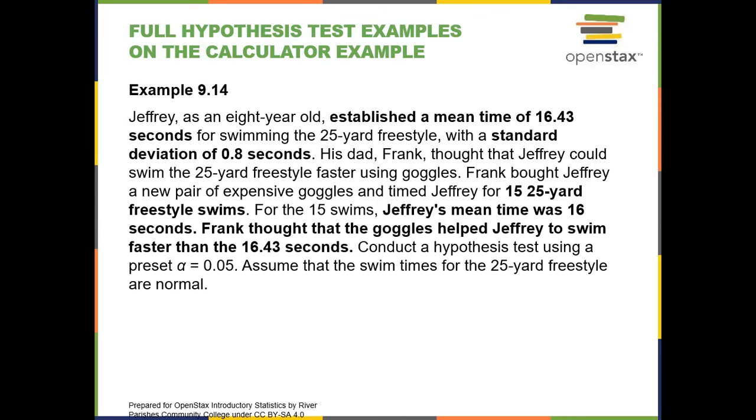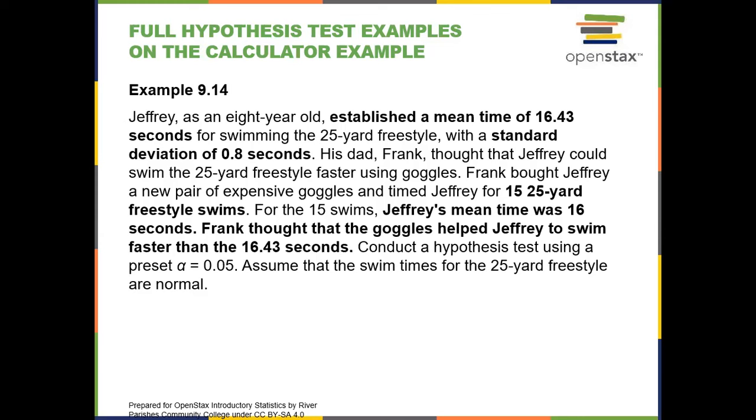His dad, Frank, thought that Jeffrey could swim the 25-yard freestyle faster using goggles. Frank bought Jeffrey a new pair of expensive goggles and timed Jeffrey for 15 25-yard freestyle swims. For the 15 swims, Jeffrey's mean time was 18. Sample mean x bar is 18. Sample size n is 15.